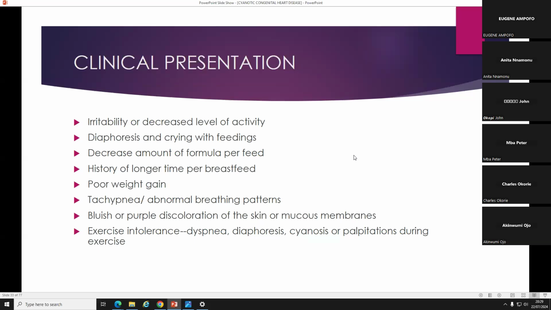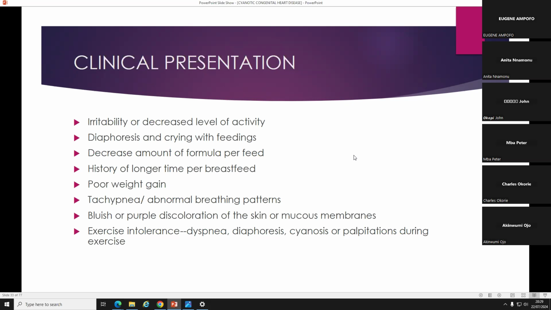There could be excessive sweating, crying with feeds because they cannot stop breathing because of their poor levels of oxygen. They cannot stop respiration enough to sustain feeds. There's a decreased amount of formula per feed. They don't eat very well because you need to suspend respiration to swallow basically, and it's not possible when one is deoxygenated.